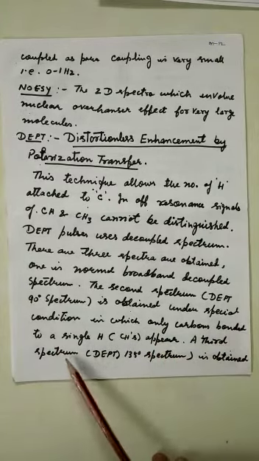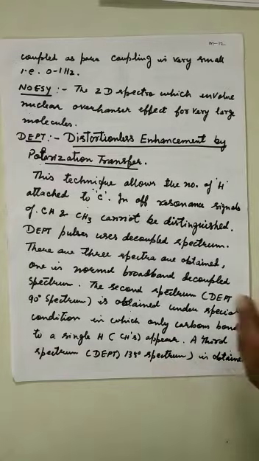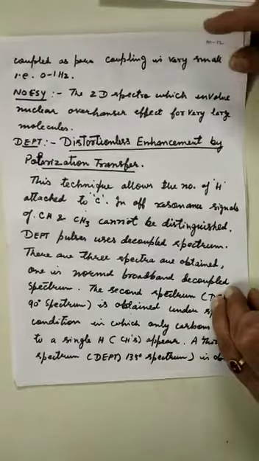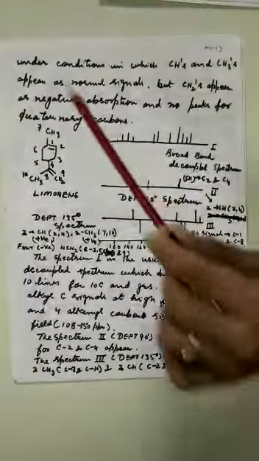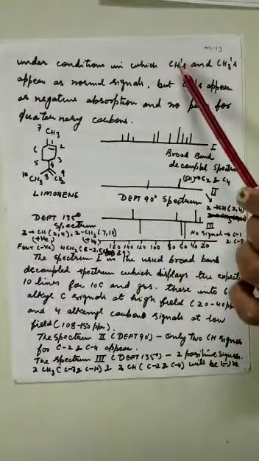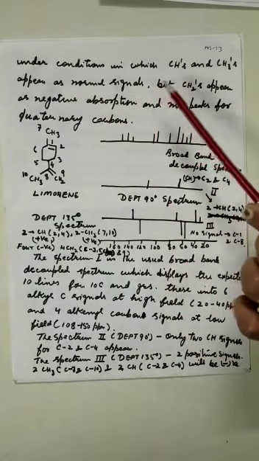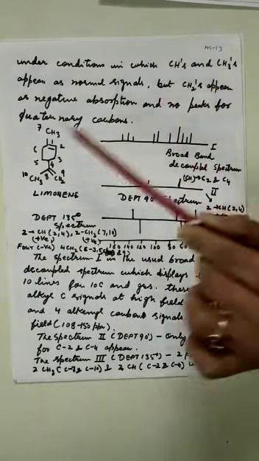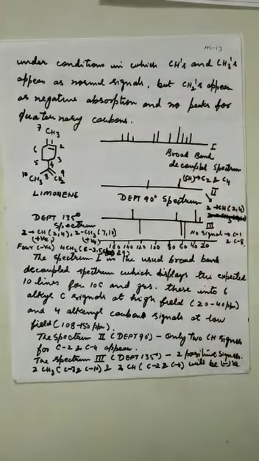The third spectrum is the DEPT 135 degree spectrum, obtained under conditions in which CH and CH3 appear as normal signals but CH2 appears as a negative absorption, and no peak appears for the quaternary carbon atoms.